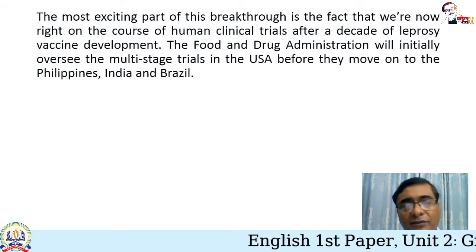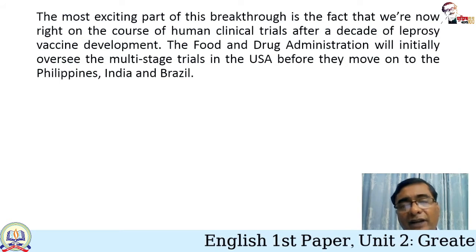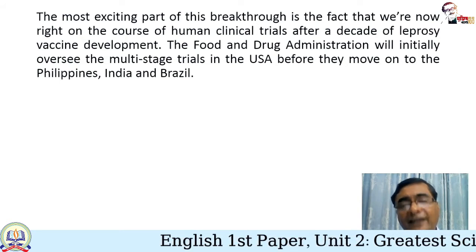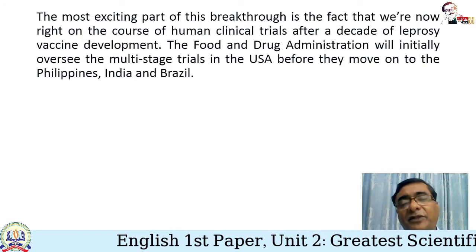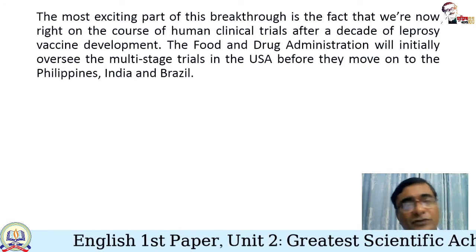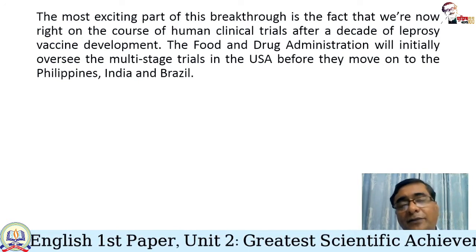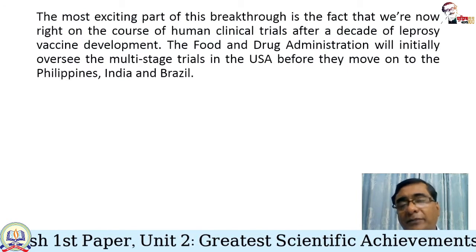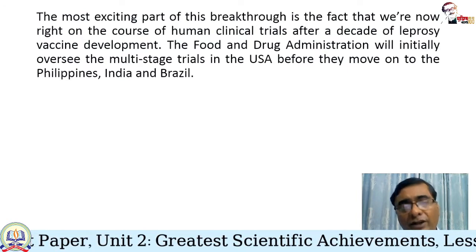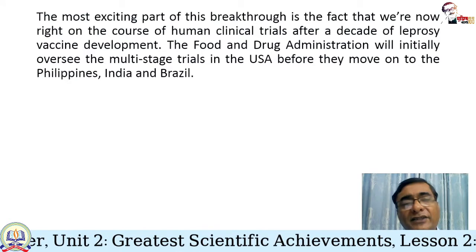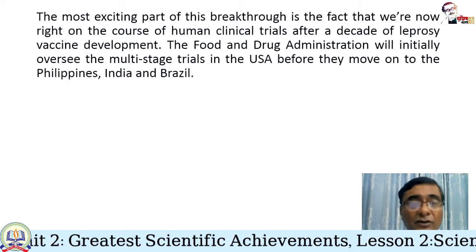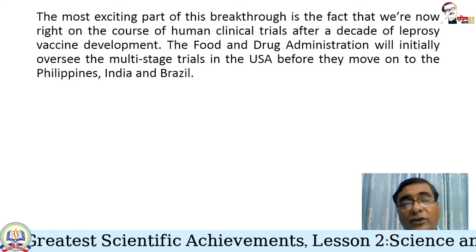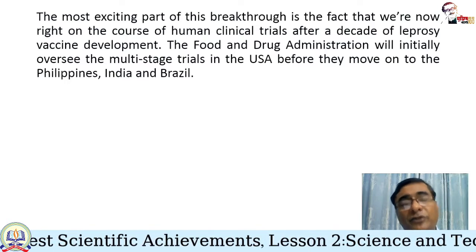Unless you conduct trials, you cannot say that a vaccine is effective for a particular disease. And that is why the vaccine for coronavirus is yet to come, because the clinical trials are going on. Around 100 researches are going on in order to find a vaccine for coronavirus.